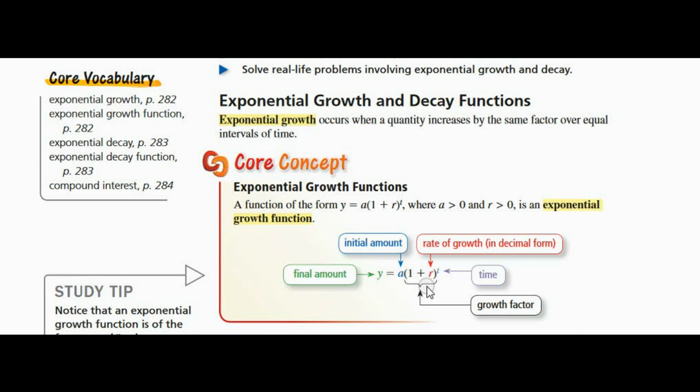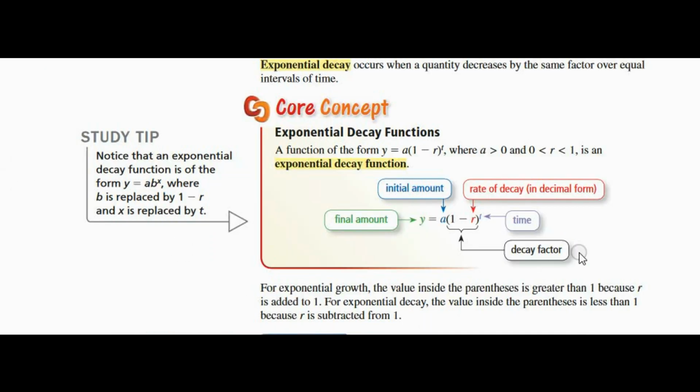And then your B value is this whole thing right here, the 1 plus R. And R is your rate of growth. It's in decimal form. So if you're given the rate of growth in percentage, you have to divide by 100 to get your rate of growth in decimal form and use it as part of your B value. This is a growth factor because it's 1 plus R. So your B value is a growth factor, okay?